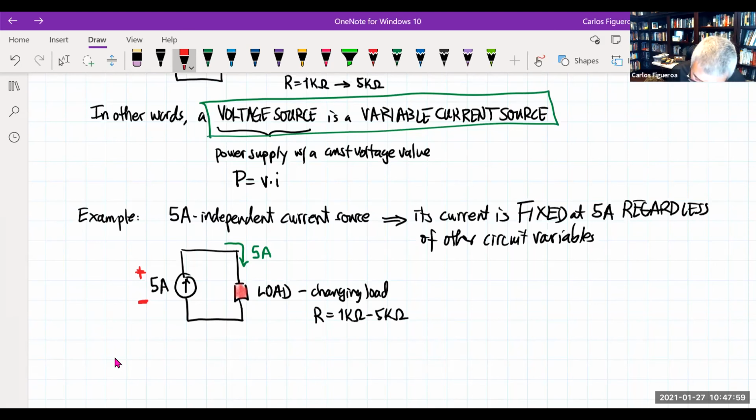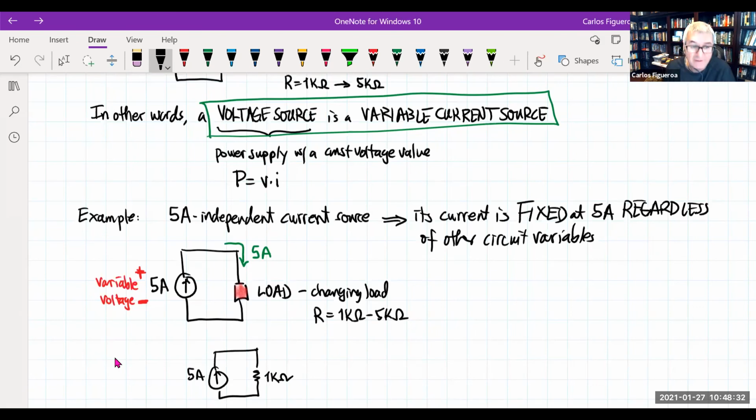So that means that this guy right here is a variable voltage across the current source. So in other words, if I have, let's say, this is 5 amps, and I put 1K right here, if I'm going to keep this at 5 amps, then according to Ohm's law, the voltage across this guy has to be what?